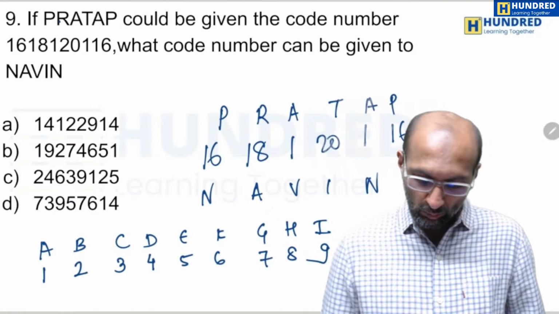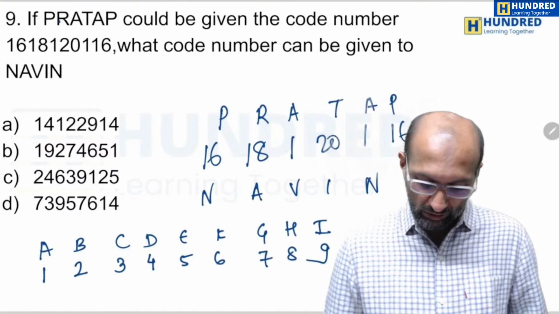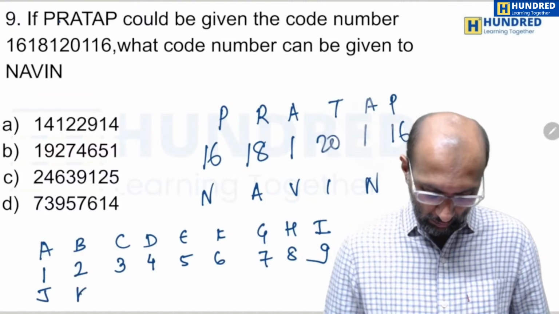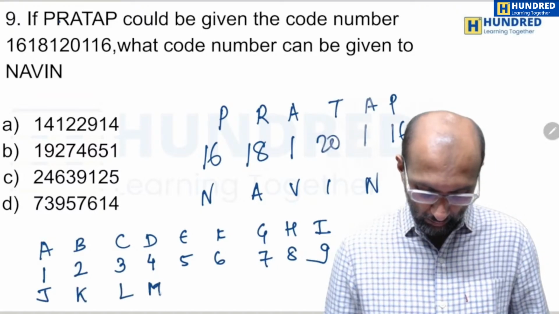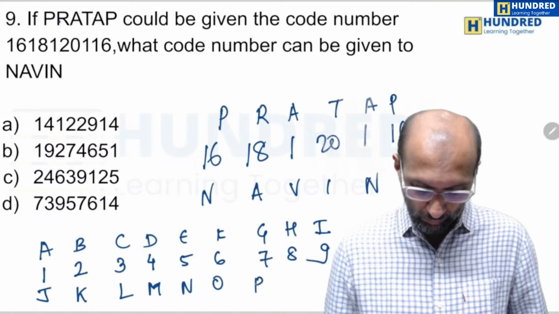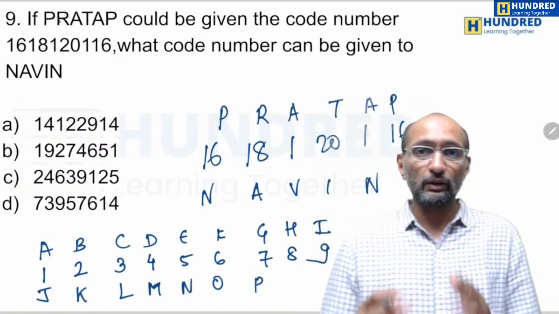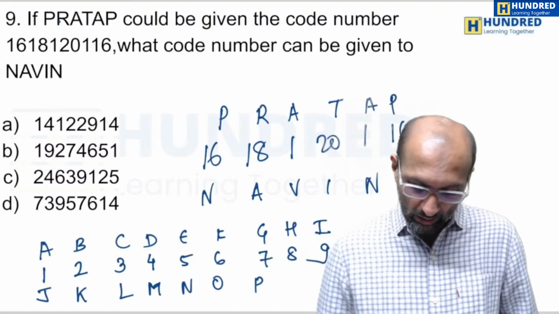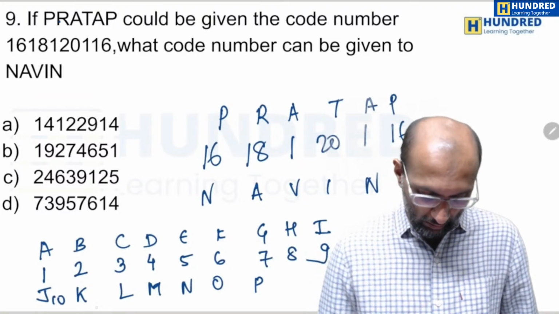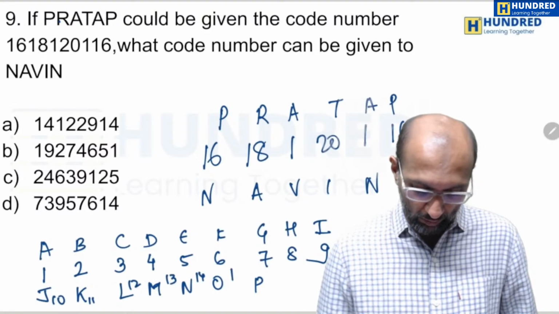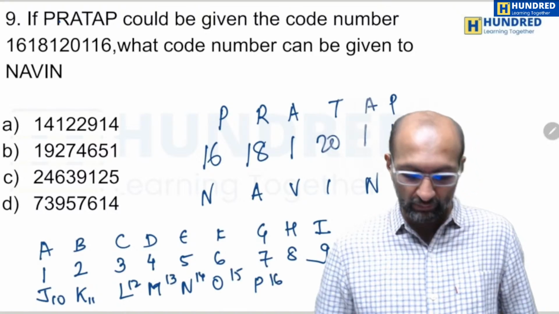Okay, then J, K, L, M, N, O, P. Okay, I'm not going ahead, but I hope you all understand what I am saying. So this is 10, 11, 12, 13, 14, 15, 16.